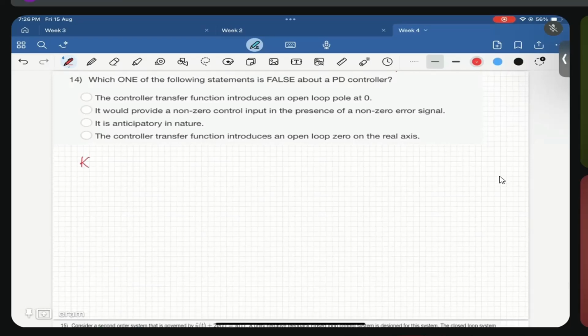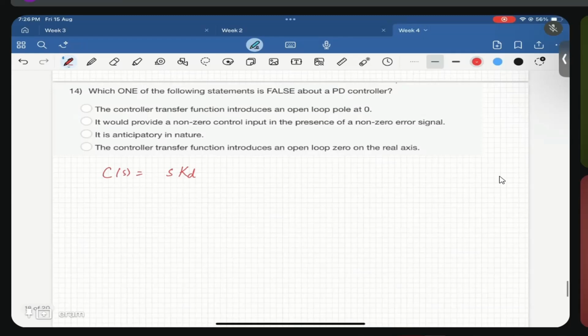So what will be the transfer function of a PD controller? It will be kp plus s into kd, okay? The first option is that the controller transfer function introduces an open loop pole at 0.